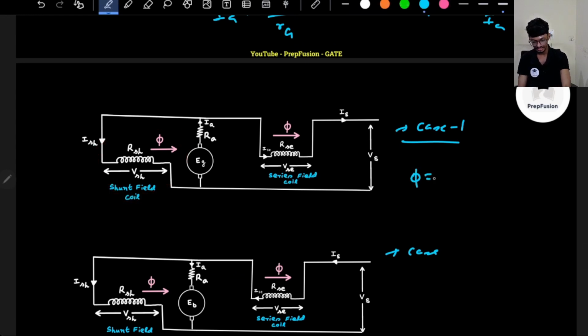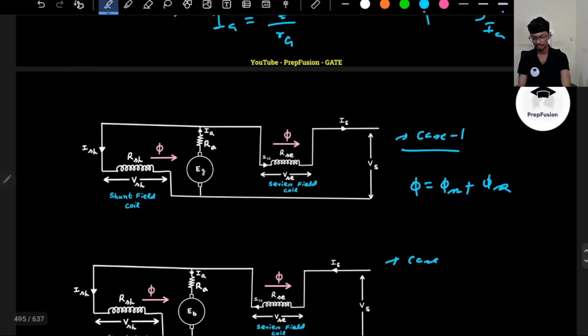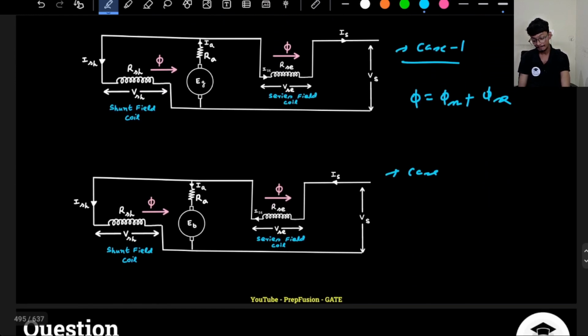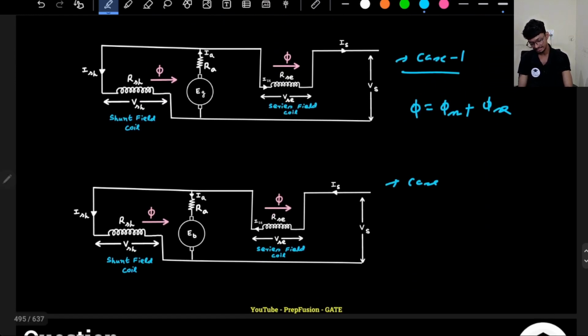So previously phi was equal to phi sh plus phi se, right? Because it is over compound, so it will work as a cumulatively compound motor. So both the fluxes will be added. But now the interesting fact is, I see that the series current direction has reversed.